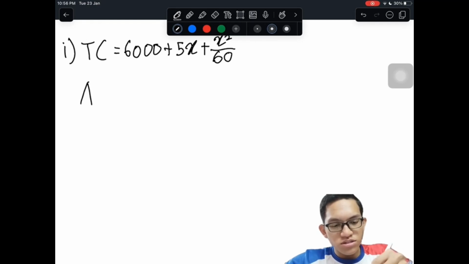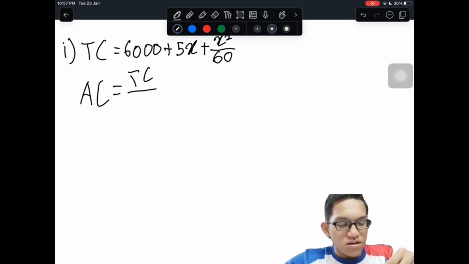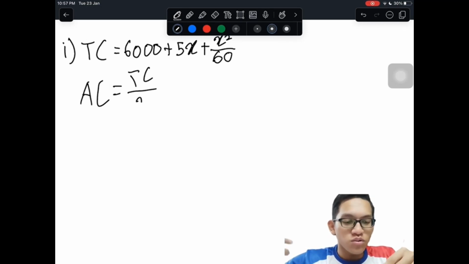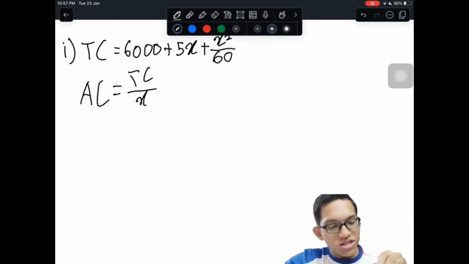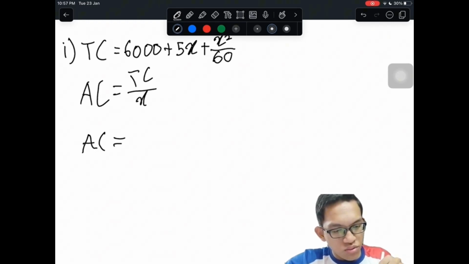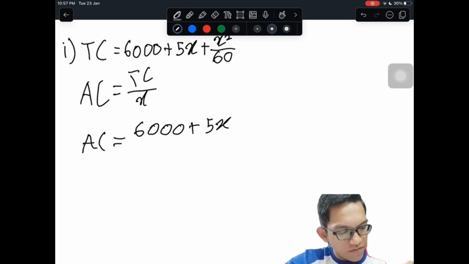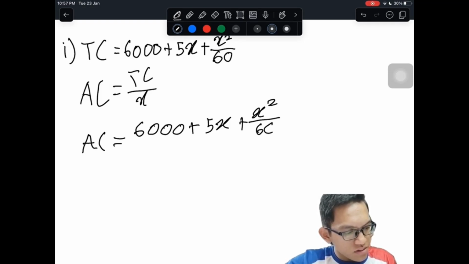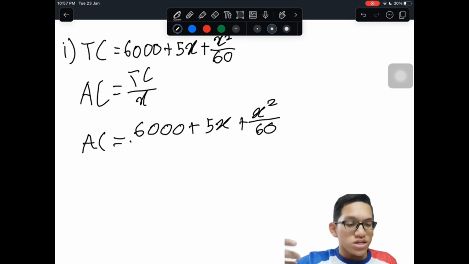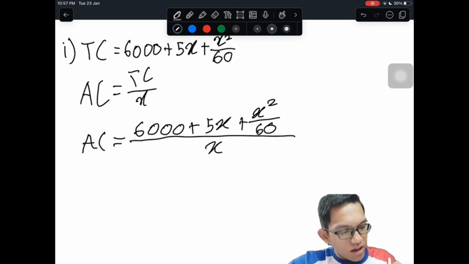So average cost is equal to total cost divided by units produced, which is equal to X. So we take the total cost function and put it in the equation, then average cost equals 6,000 plus 5X plus X square divided per 60. So we just divide it by X.